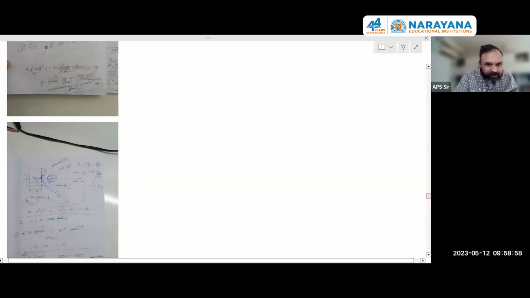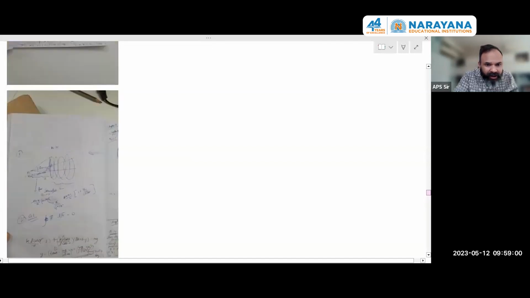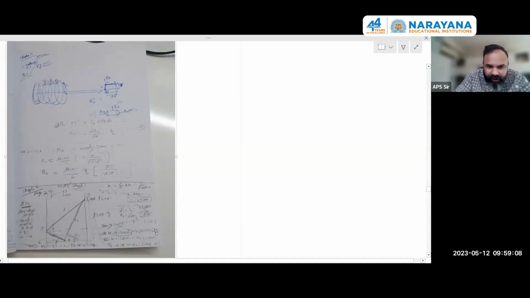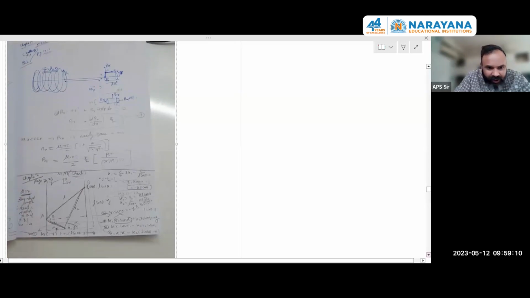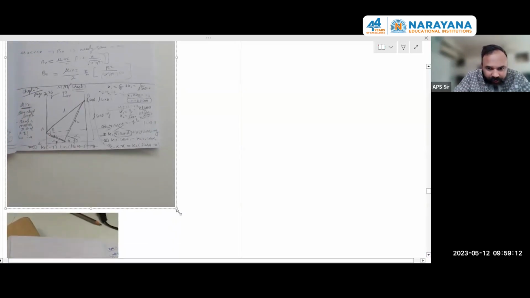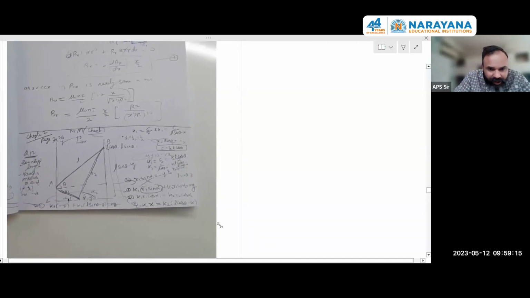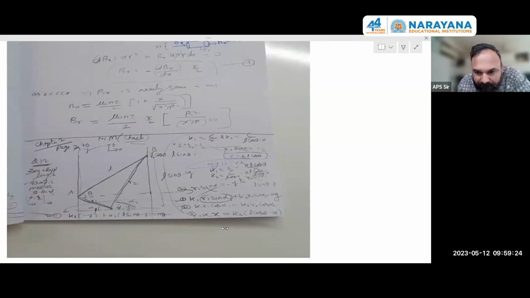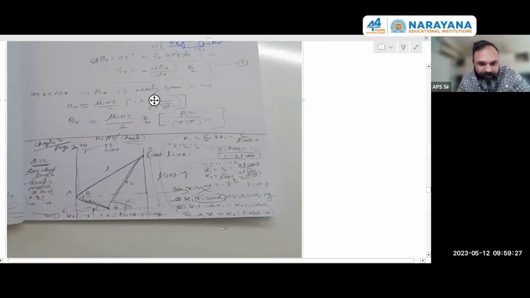Just observe this page carefully and finish off this problem before we leave. There are a lot of calculative steps. Observe. Here I have written a few equations. Just observe the same diagram. All these geometrical parts we have done. So force balance is fine. Just observe this equation carefully.